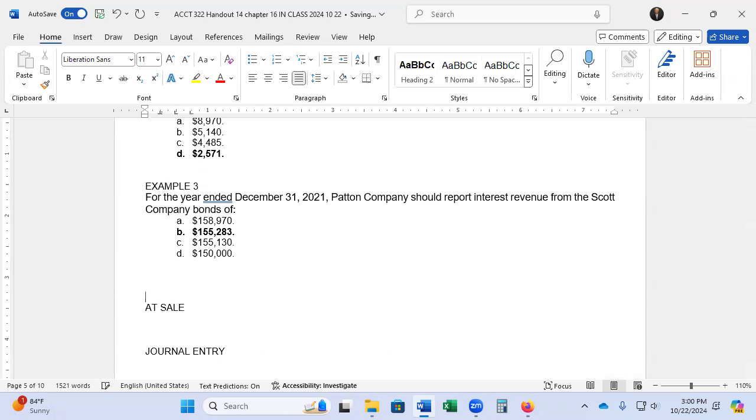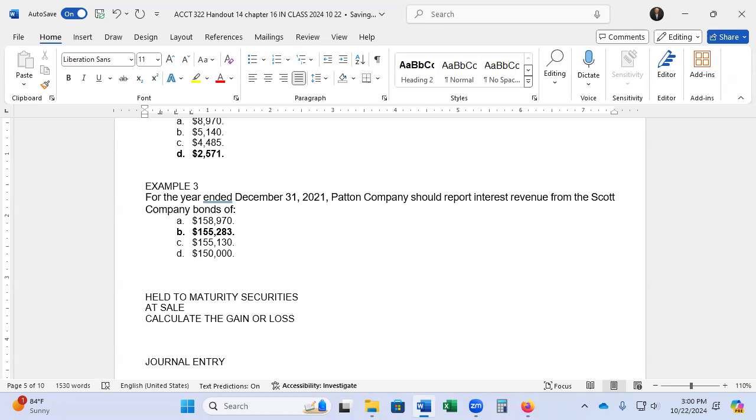Okay, and so we're still talking about held to maturity securities. And so at the sale for held to maturity securities, you have to calculate the gain or loss.